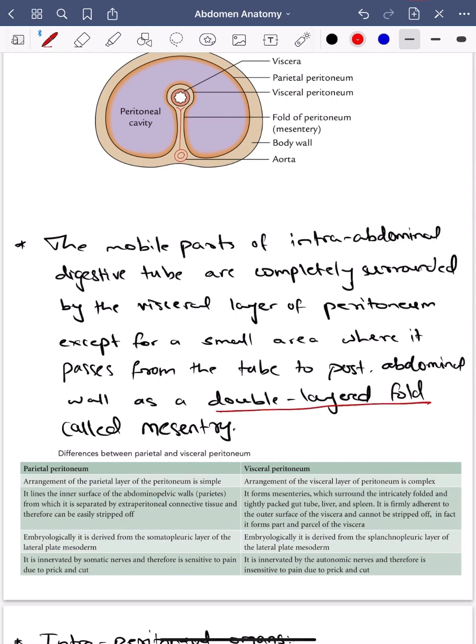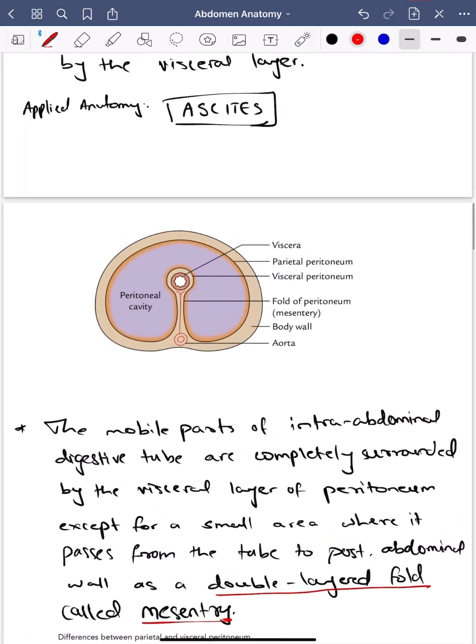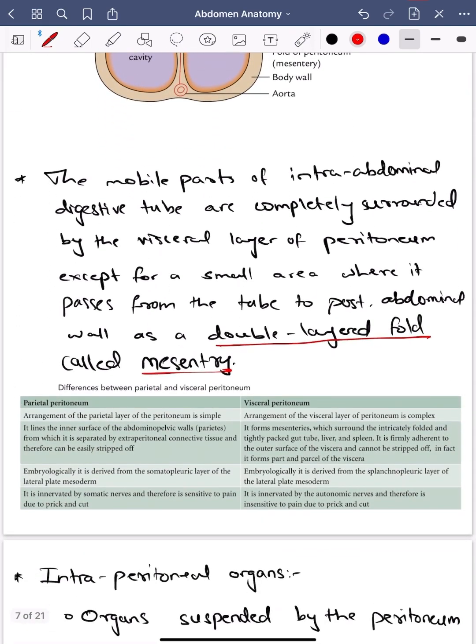So basically they're talking about the mesentery. It passes from the gut tube to the posterior abdominal wall where the aorta is present, and that is called the mesentery. Okay. Now for completion's sake, I have included the differences between the parietal and visceral peritoneum.